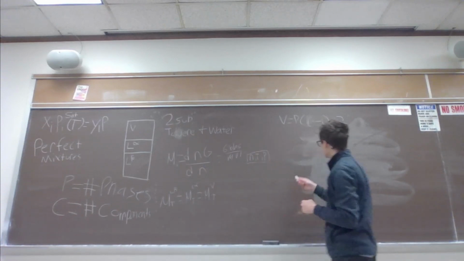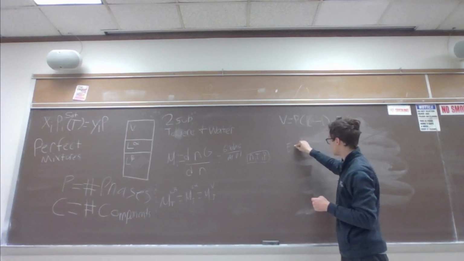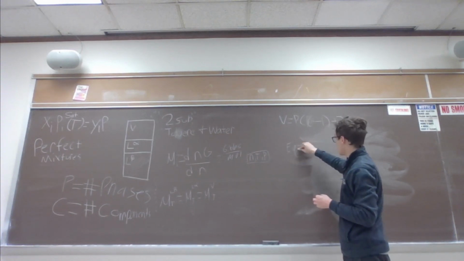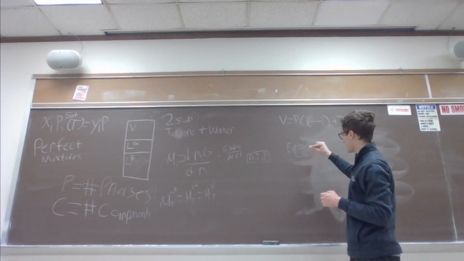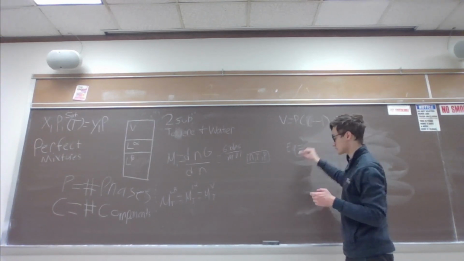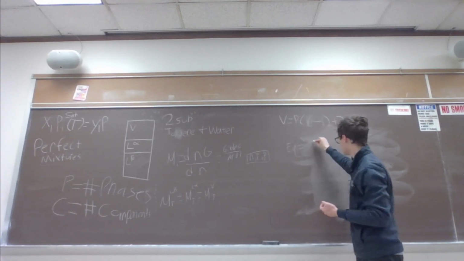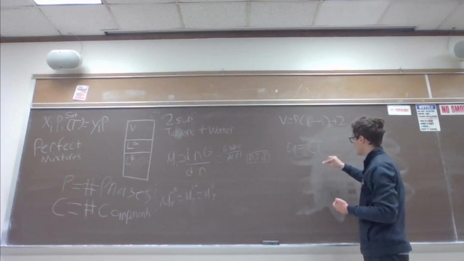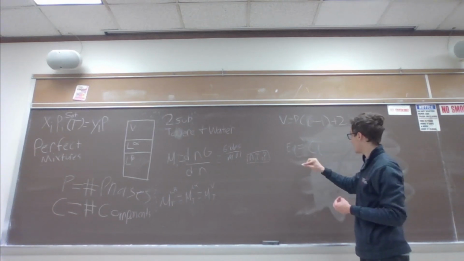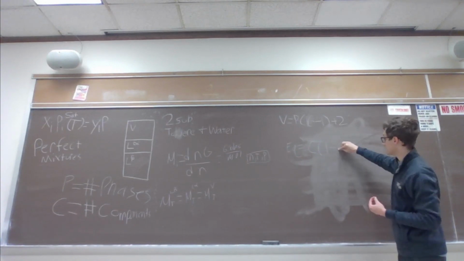So next we are going to write the number of equations, and we're going to multiply that by C, or the amount of components, as it depends on each component. Okay, and we're going to multiply that by 1 minus P.